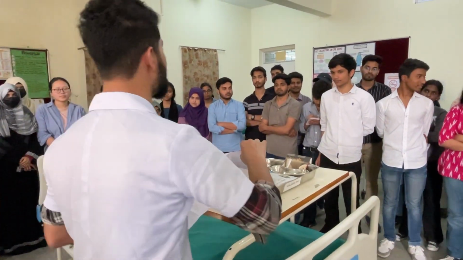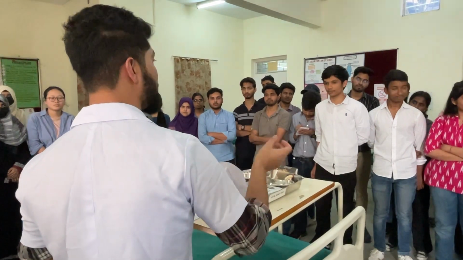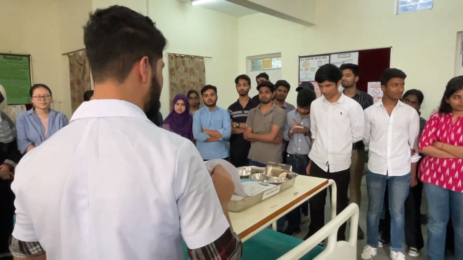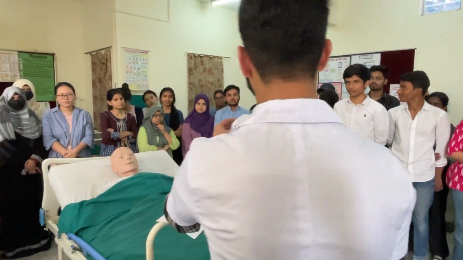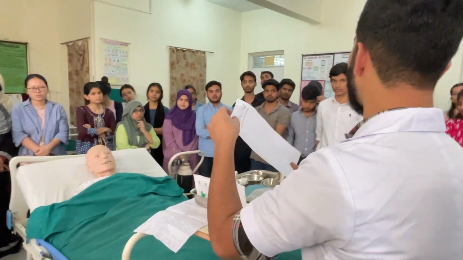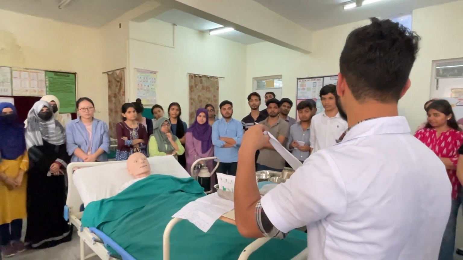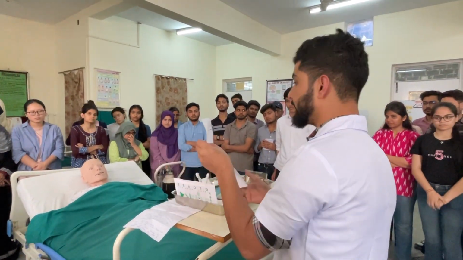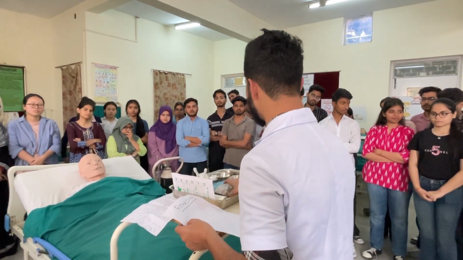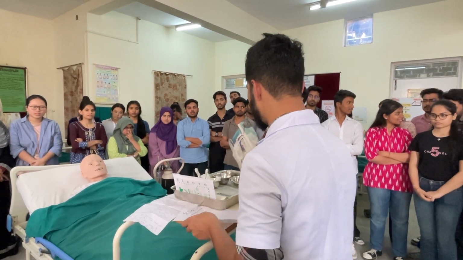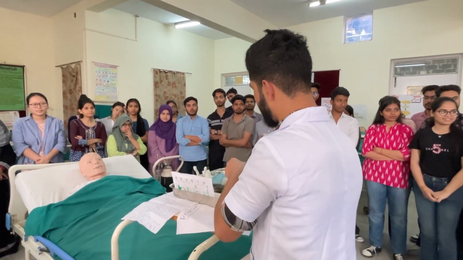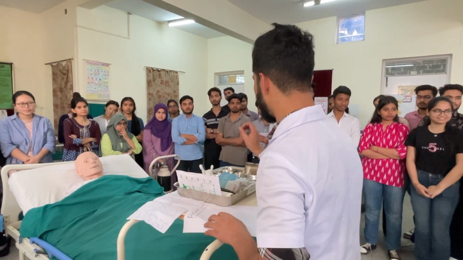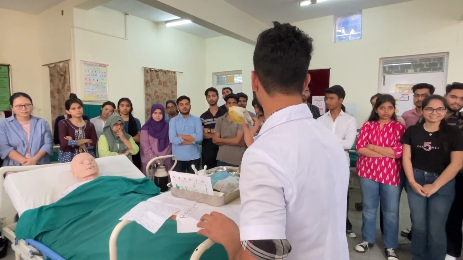These are the articles required while providing oxygen therapy to the patient. This one is the record chart; after providing oxygen therapy, we have to document the procedure. This one is the nasal mask, I will show you when we perform the procedure. This is nasal prongs.